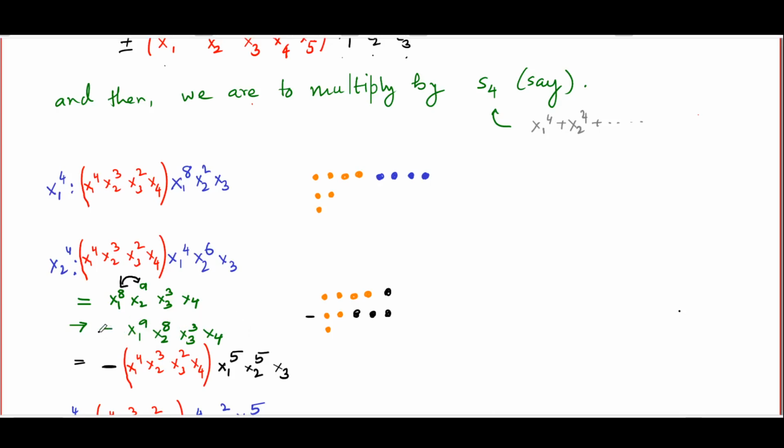The switch of 2 will take a minus sign. And now, note that if you take out your original term from the determinant, x1 to the 4, x2 cube, x3 squared, x4, what you are left with is 5 powers of x1 to the 9 here, x1 to the 5 here, and 5 powers of x2 and a single x3.